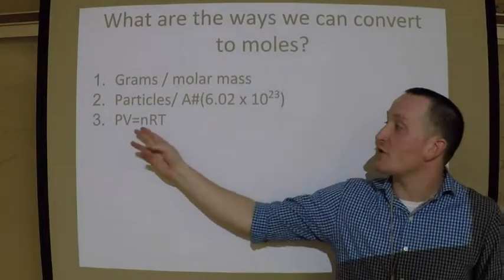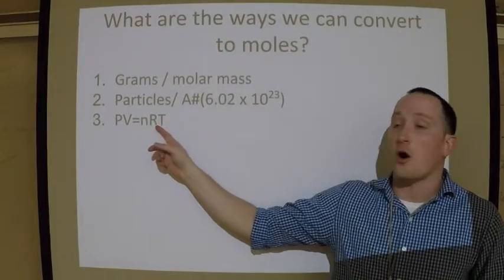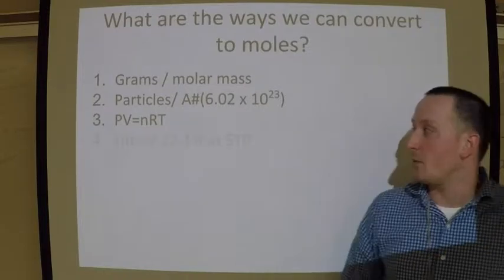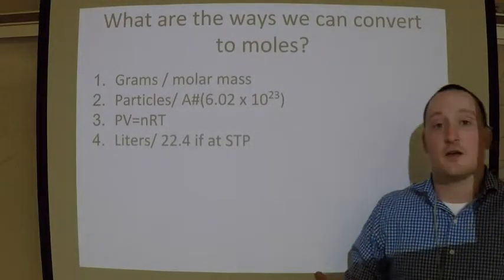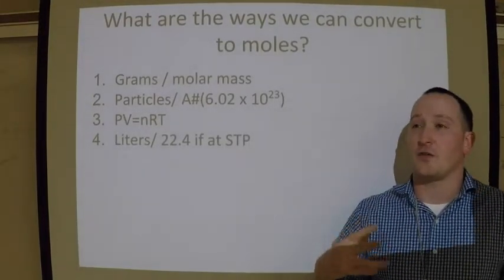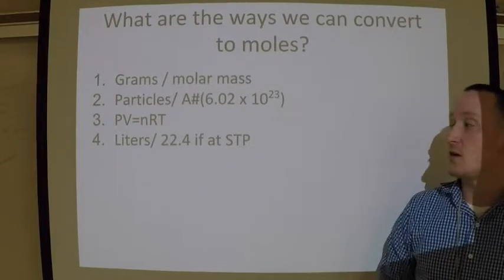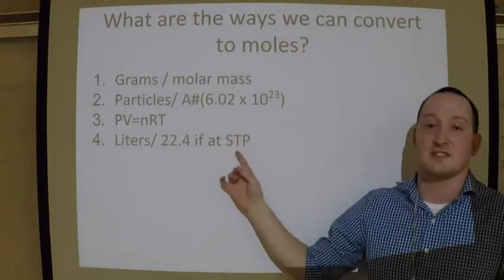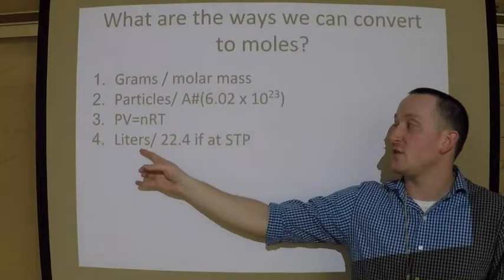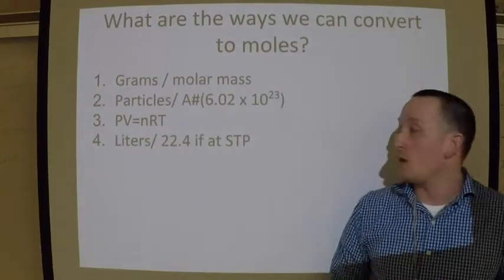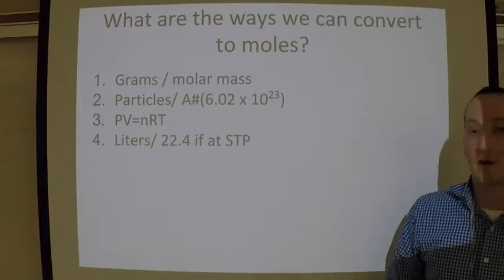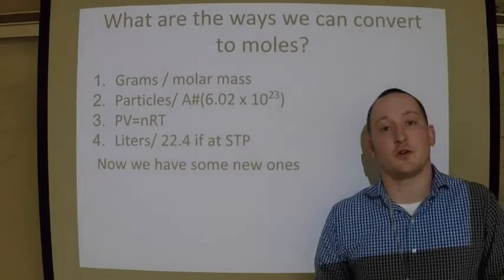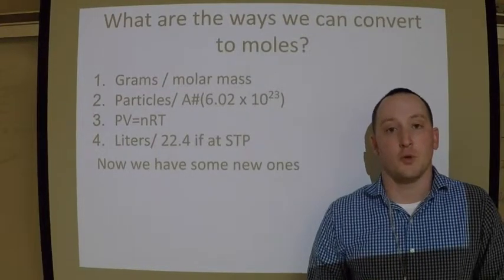So if I know pressure, volume, and temperature, R is a constant that we always have, I can solve for n, which gets me to moles. The last thing, one of the first ways we learned, is if we're given liters of a substance and we're at STP, then we can just take liters divided by 22.4 and that will give us moles at STP.